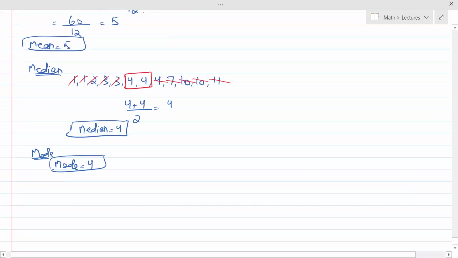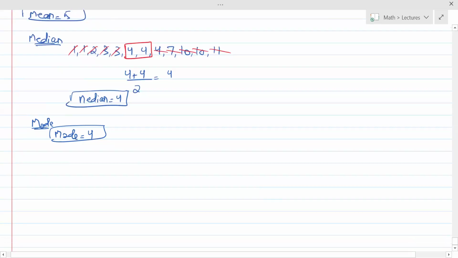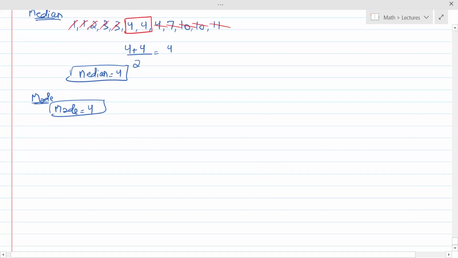Okay, so that was the basic concept of mean, median, mode when we have ungrouped data. Let's pick up some tricky question about ungrouped data where we have to use the concept of mean.